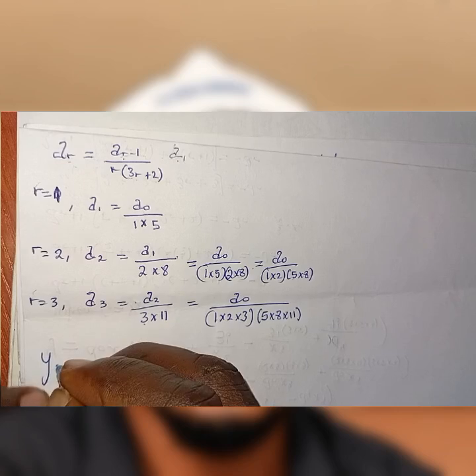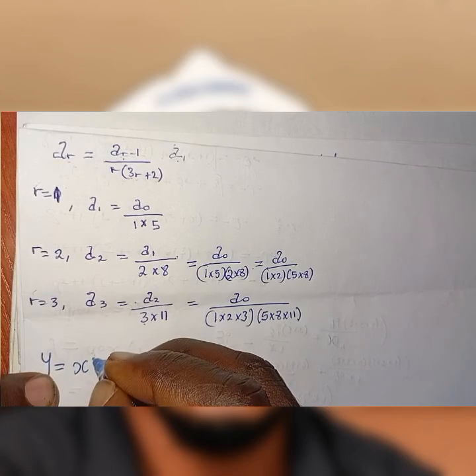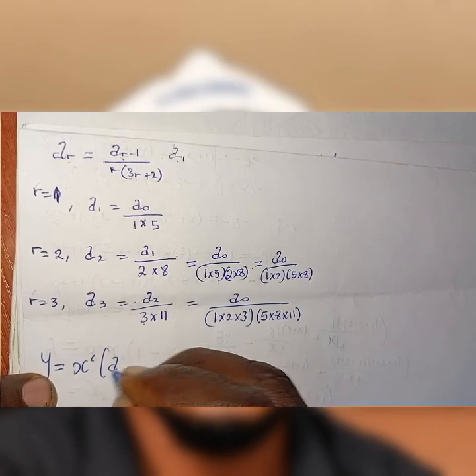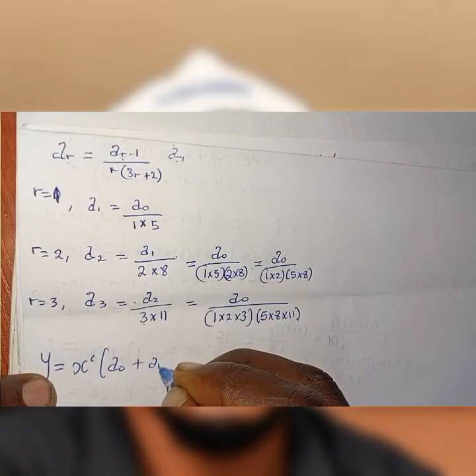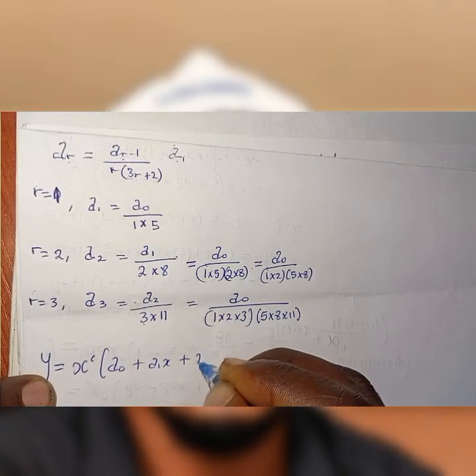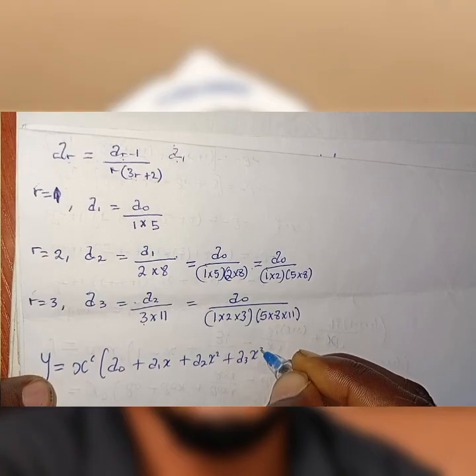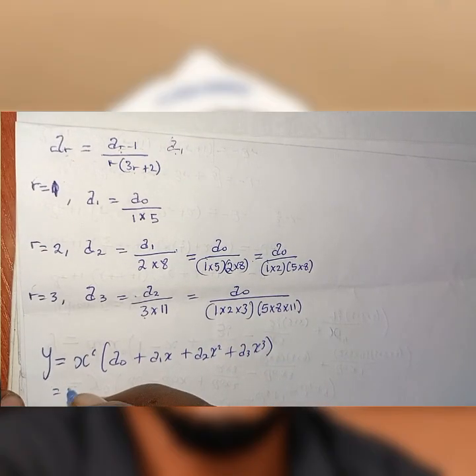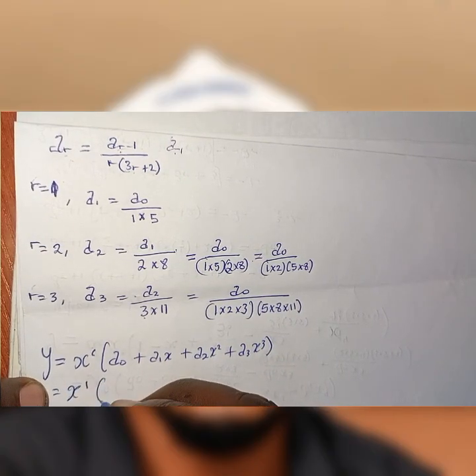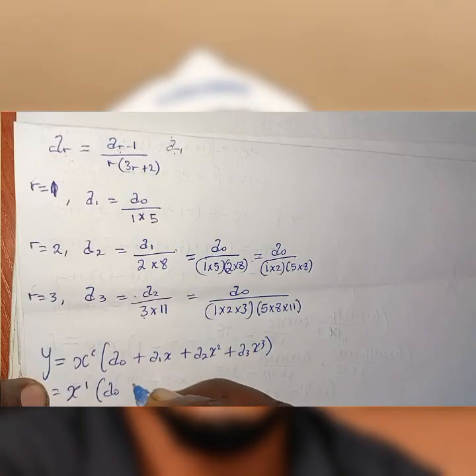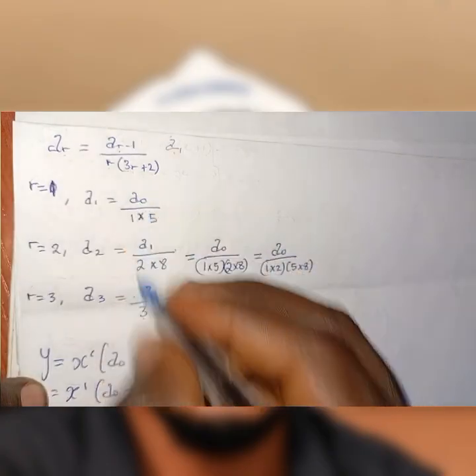So putting it in the equation, that's y equals x to the power c (a_0 plus a_1 x plus a_2 x squared plus a_3 x cubed). So now when c equals to 1, we have a_0 plus, what is a_1? This is a_1.